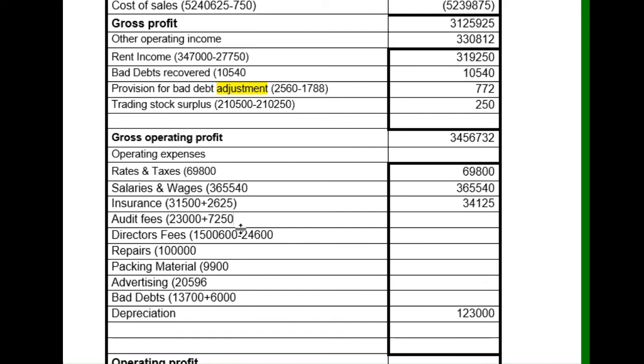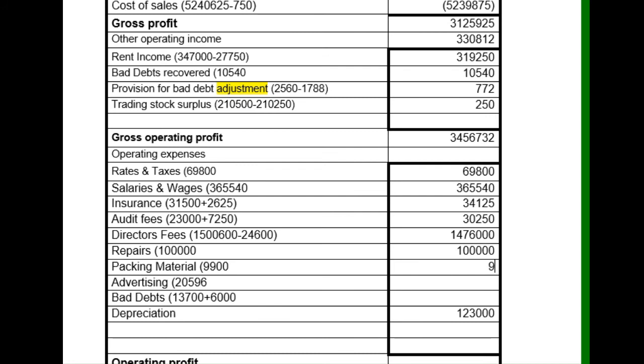Audit fees, add the two, and that is 30250. Directors fees minus the 24,600 gives me 1,476,000.